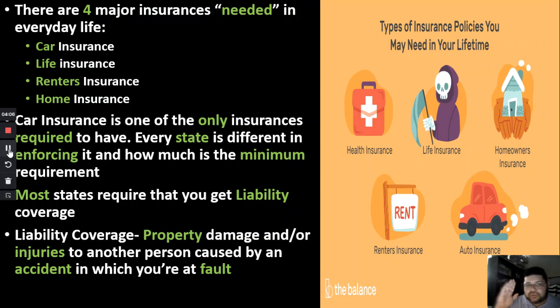You tried to gun that yellow light and it ended up turning red, and you still ran it, and you T-boned a car, or you swerved and hit a tree or lamppost, whatever. Whatever damage you caused because of the accident, liability would cover that.